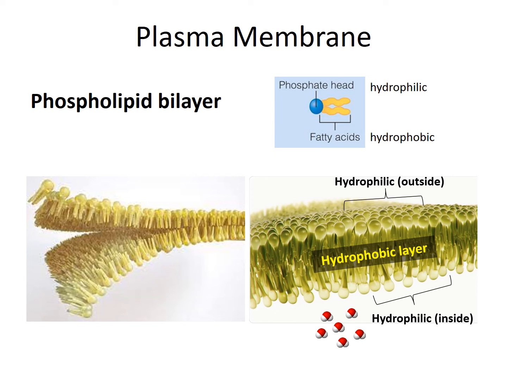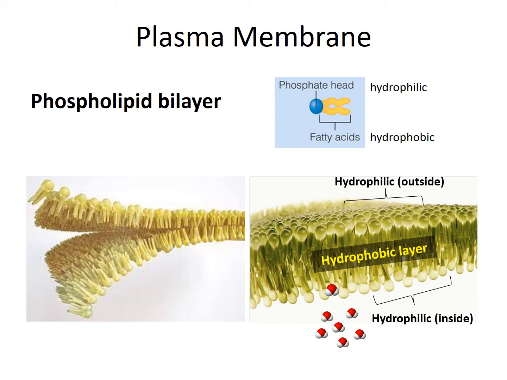Imagine we're in the aqueous solution inside the cell, and the cell needs to maintain its hydration status to live. But water likes to diffuse, so it's trying to diffuse out, perhaps into a drier environment on the outside of the cell. Because of this thick hydrophobic layer of fatty acids, water is often blocked.